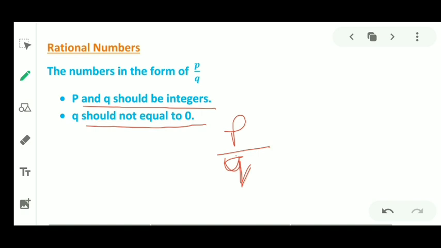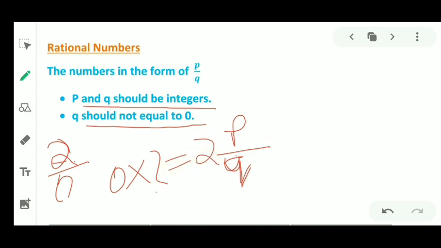Why do we need condition number 2? If I ask you to find out 2 by 0, then what will be the quotient? 0 multiplied by which number gets you 2?